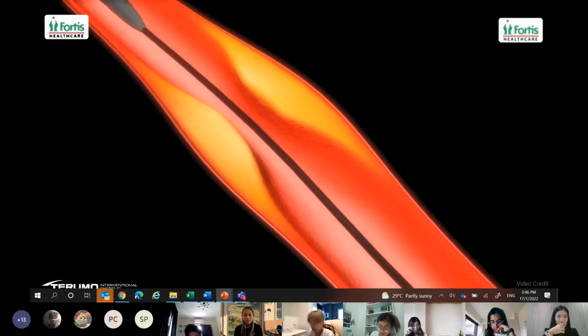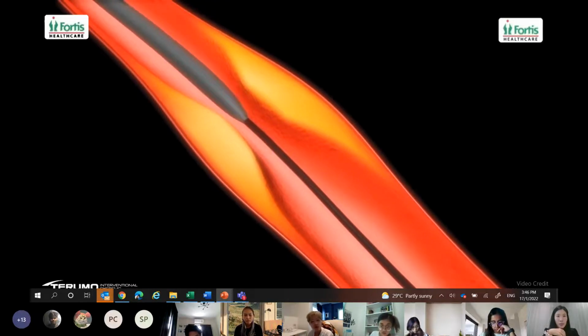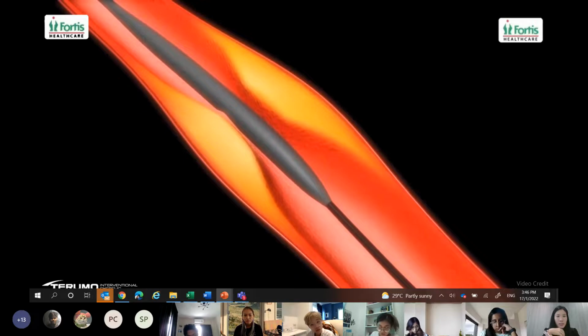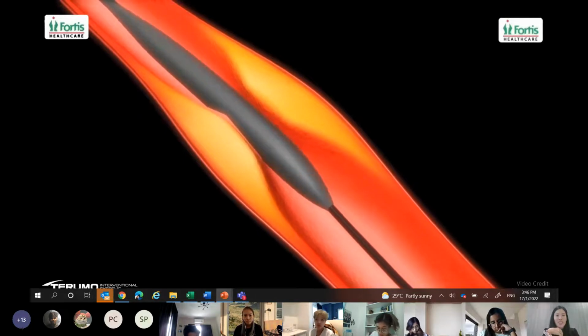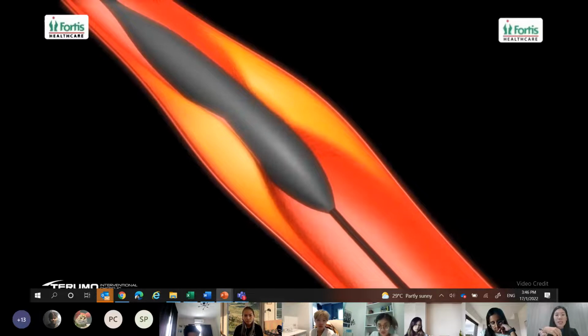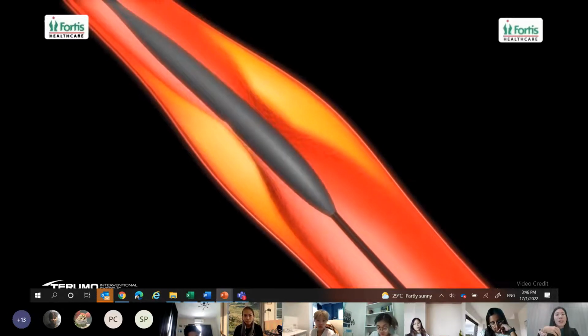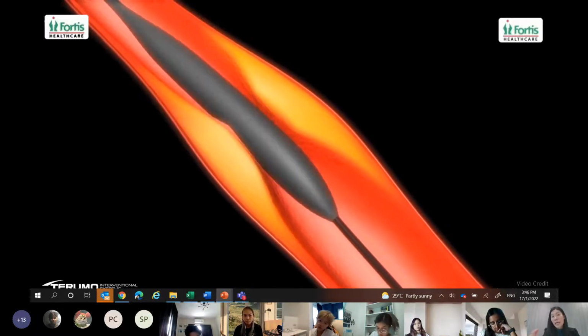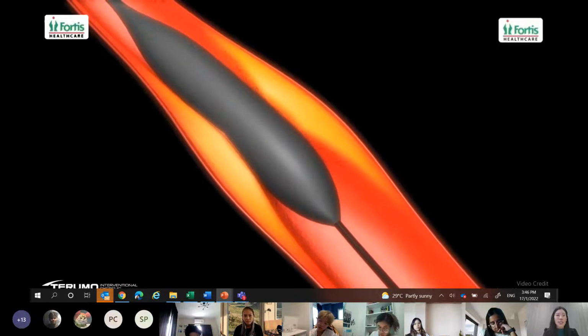Basically, again, the 0.14 wire is put through the lesion, and the treatment device is threaded over the guide wire and then treats the lesion. So here you see a balloon being expanded at the lesion site.